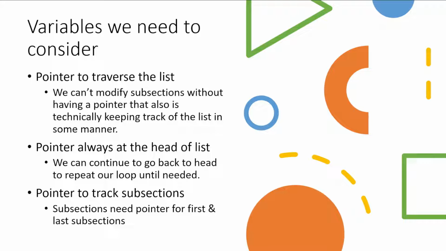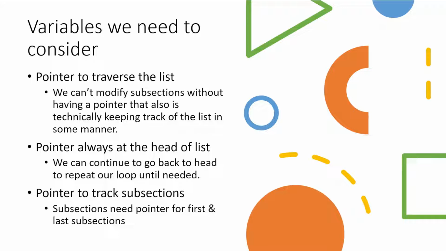We can't modify those subsections without having a pointer that is also keeping track of the list in some manner. Since we are continuously modifying subsections and portions of the list, we still need to have one pointer that's continuously keeping track of some place or location in the list, so we can continuously put those subsections and merged subsections back in their same place.